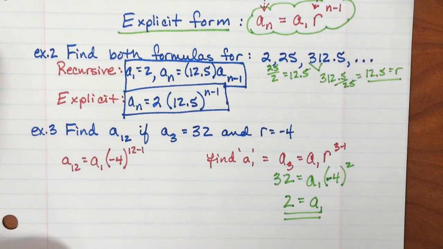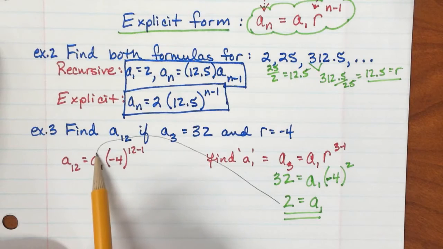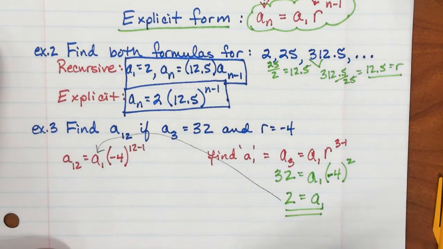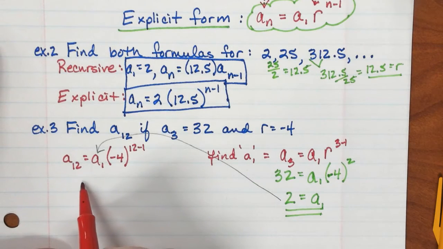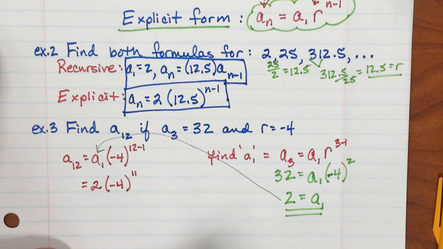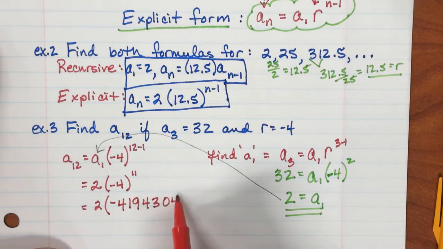Now you're going to take that and plug that in over here for this term right there. So that equals 2 times negative 4 to the 11th power. You can just crank that out on your calculator, and I'll write out this value because it's very, very small. 94304.